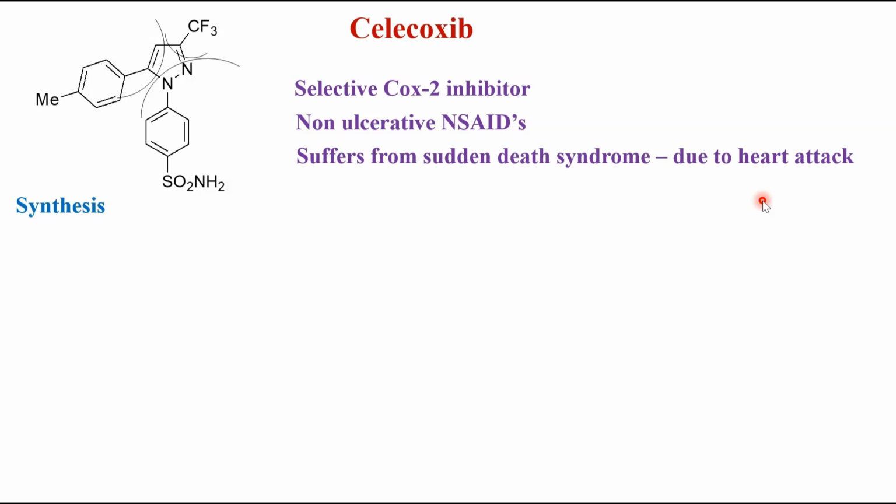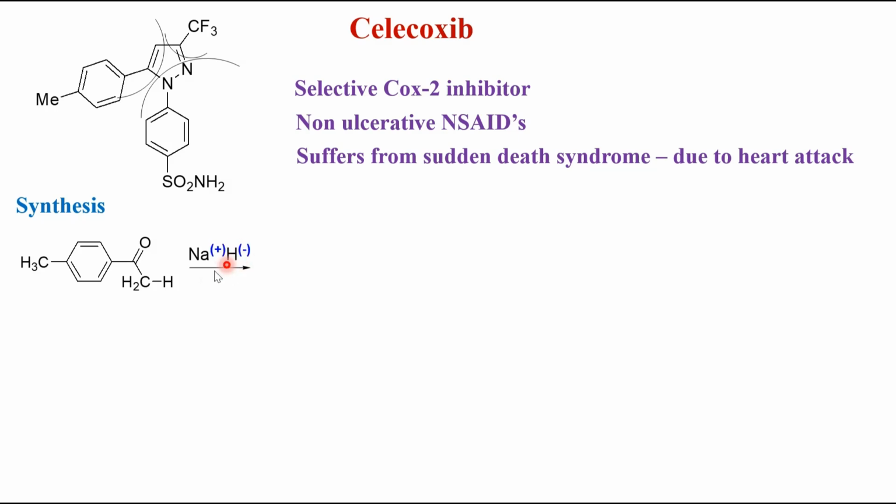Let us look into the synthesis. I have to take a 2 carbon donor and attach it with a tolyl with ethylene group. This part, if I want, I'll take paramethyl acetophenone and treat with a strong base like sodium hydride.